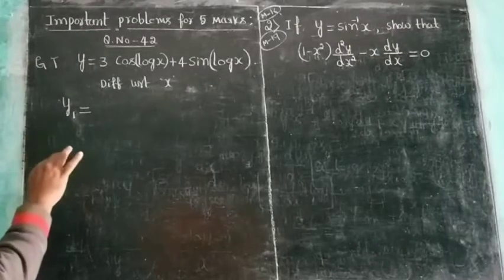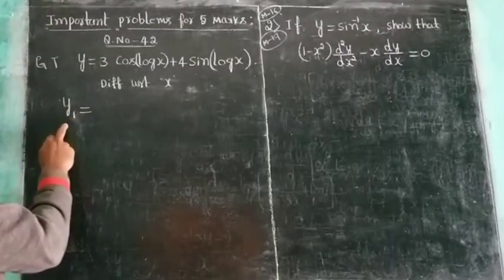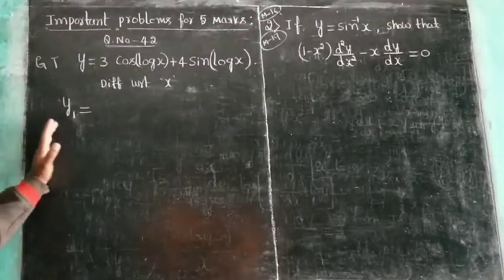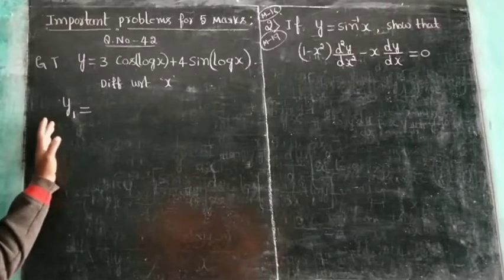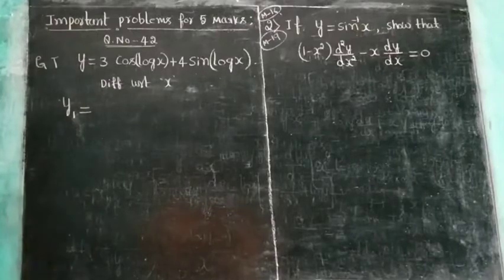If they give dy by dx, you should write dy by dx instead of y1. If they give y dash, you should write y dash. Observe the problem carefully and write.